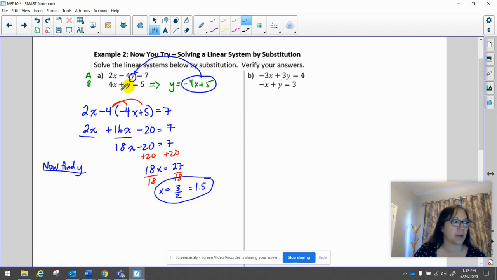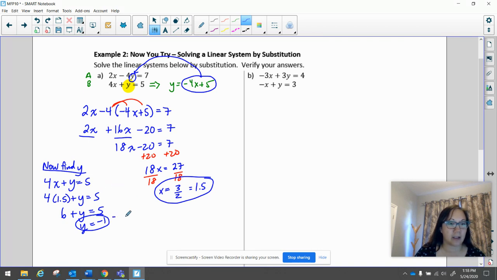So we can use either of our equations. I feel like the easier equation is the bottom one, so I'm going to choose to use the 4x plus y equals 5. And I'm now going to put in my 3 over 2 or my 1.5 value, either one, for x. 4 times 1.5 is 6, so I get 6 plus y equals 5. Subtract 6 from each side, so I get y is equal to -1.